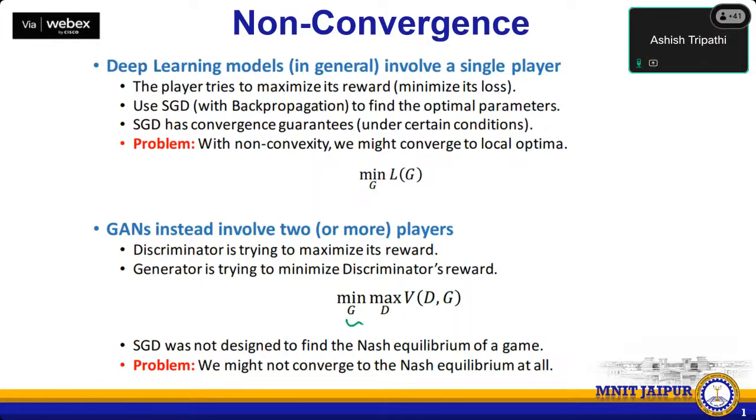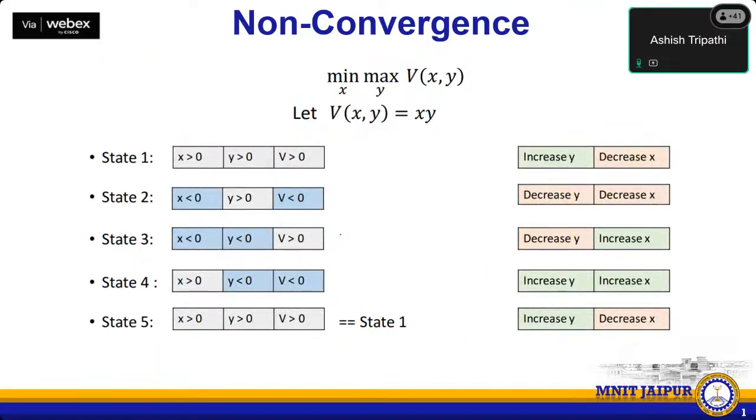Because we have a problem which is min-max in nature. What is min-max in nature? Let us check with an example. This is a kind of min-max problem. For example, if I have a function like x times y, where one function wants to minimize this xy and one function wants to maximize it.